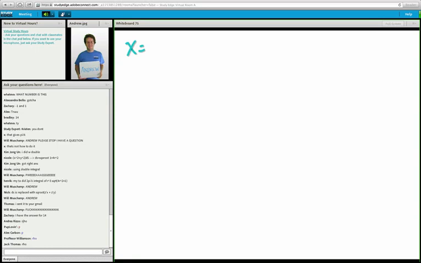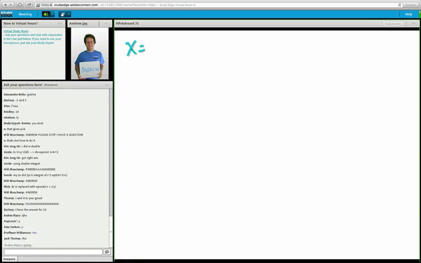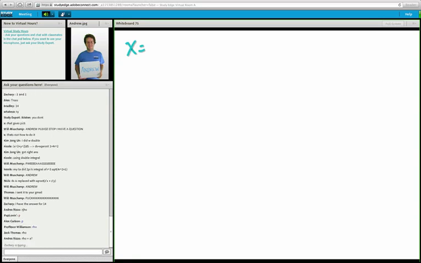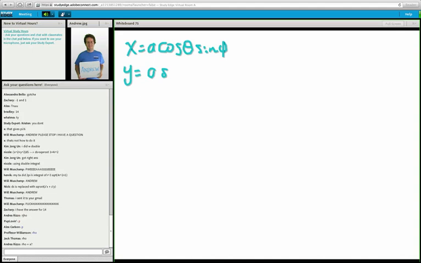So x equals... what is this? Radius A. So, x equals A cosine theta sine phi. Y equals A sine theta sine phi.